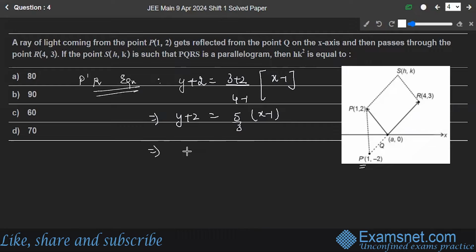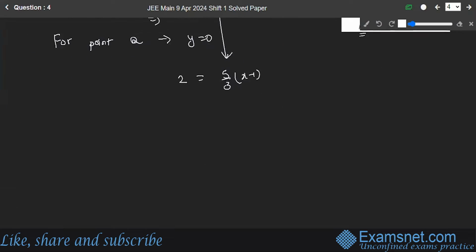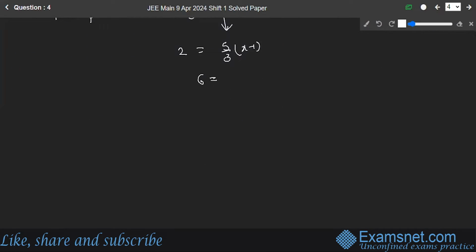So I have to find out this point Q. For point Q, because this is lying on the x-axis, you have y is equal to 0. So this equation will be 2 is equal to 5 upon 3 into x minus 1, which gives you 6 upon 5 plus 1 is equal to x, which is equal to this. So for point Q, what will it be?